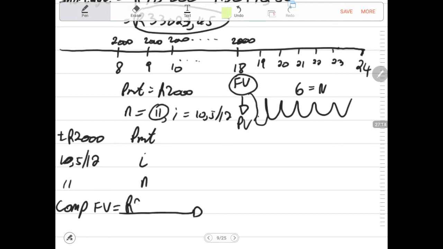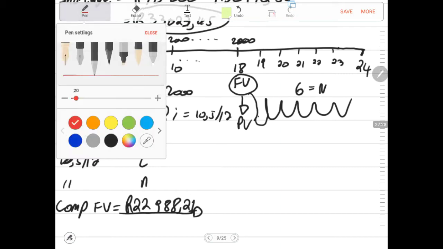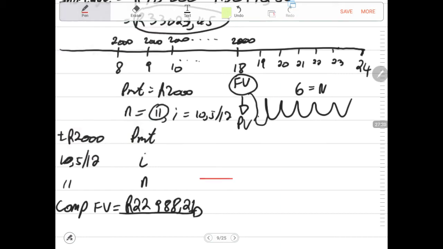Future value is 22,988 rand 21 cents. This is what will be in the account at the end of month 18. This is where we are.